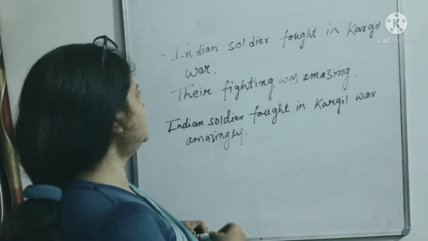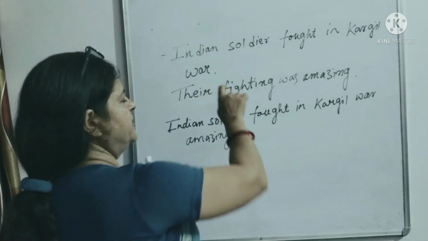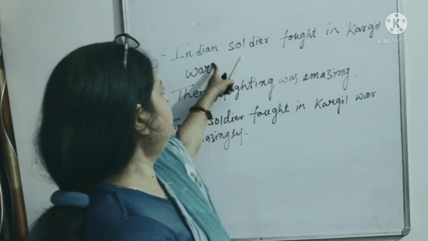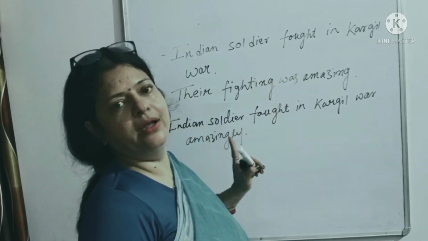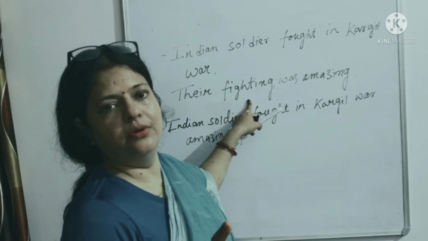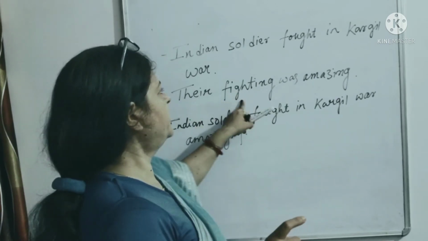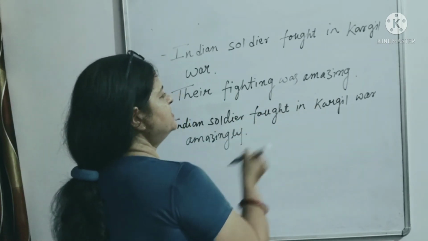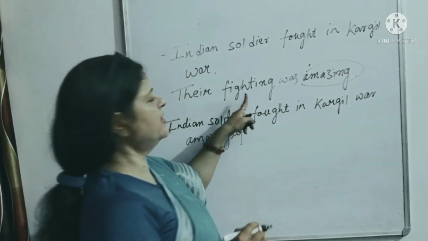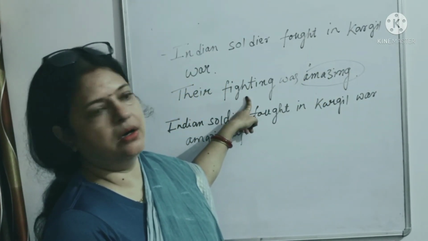So here we see that in the first sentence, fought is the verb. Indian soldier fought in Kargil war. And in the second sentence, fighting is a noun. Their fighting was amazing. Amazing is an adjective, and this adjective is qualifying this noun fighting.